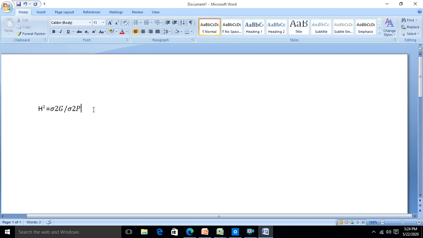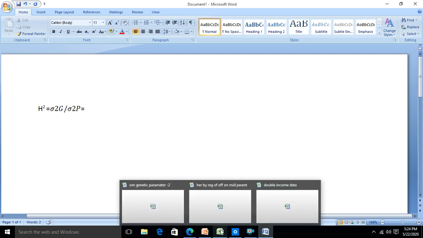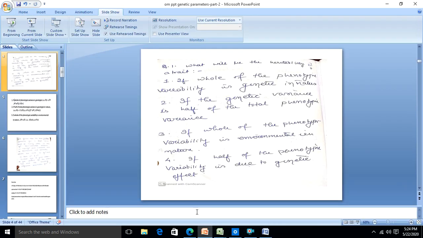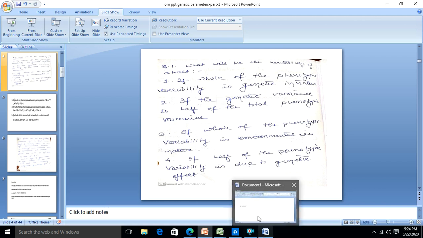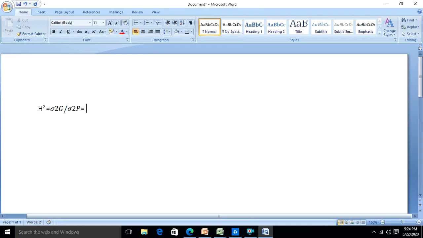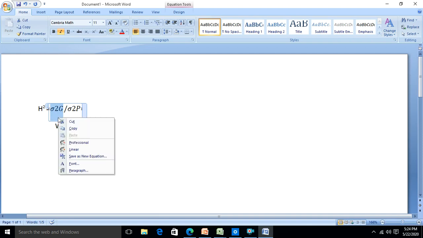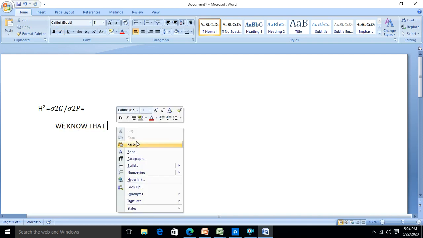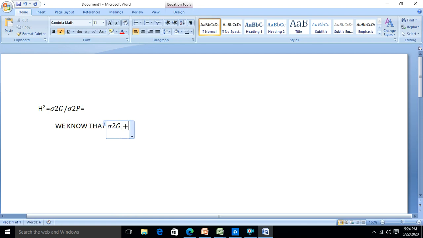So your first question says, if whole of the phenotypic variability is genetic in nature, we will just be substituting. In the first case, if whole of the phenotypic variance is genotypic in nature, we know, you must be remembering this from the last class itself, that sigma square g plus sigma square e, it was already discussed, is equal to sigma square p.